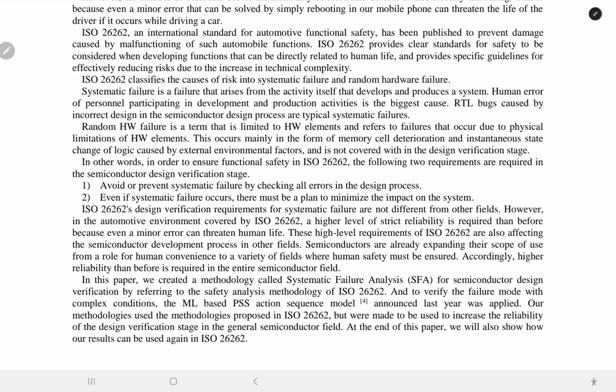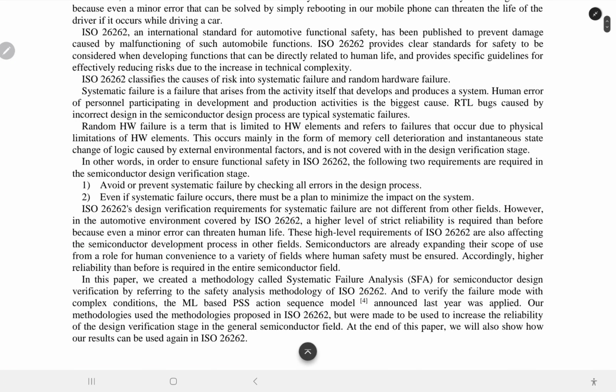ISO 26262's design verification requirements for systematic failure are not different from other fields. However, in the automotive environment covered by ISO 26262, a higher level of strict reliability is required than before because even a minor error can threaten human life. And these high-level requirements of ISO 26262 are also affecting the semiconductor development process in other fields.